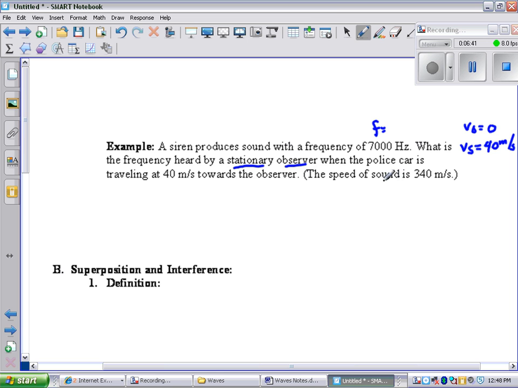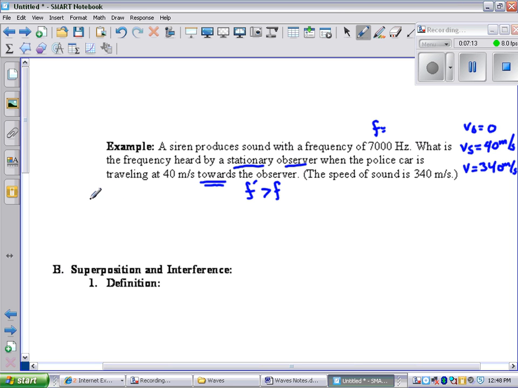The speed of the wave itself, the speed of sound, is 340. And then we also have to figure out if it's moving toward or away. So it's towards. So if it's towards, I know the frequency is going to increase because moving towards is shorter wavelength. They're getting squished. That's higher frequency. So I know that f prime has to be greater than f. The observed frequency is going to be higher than the actual frequency that's being given off.